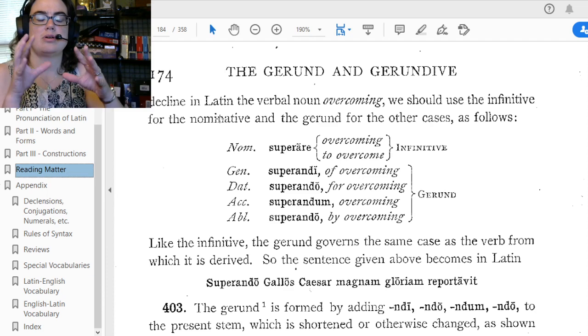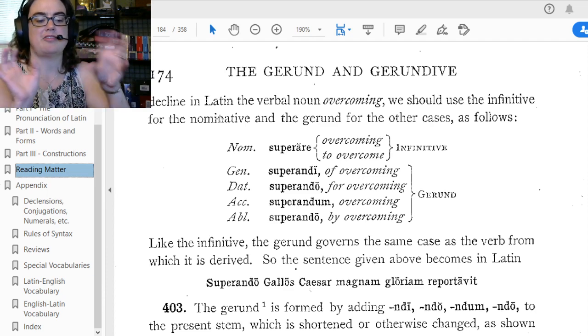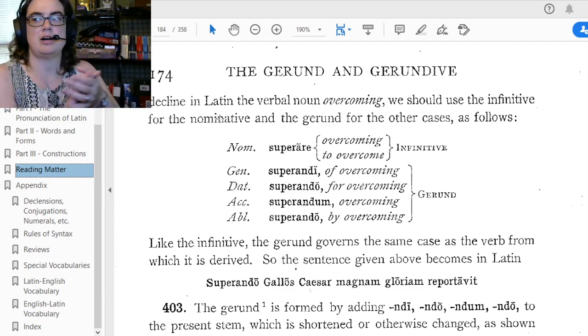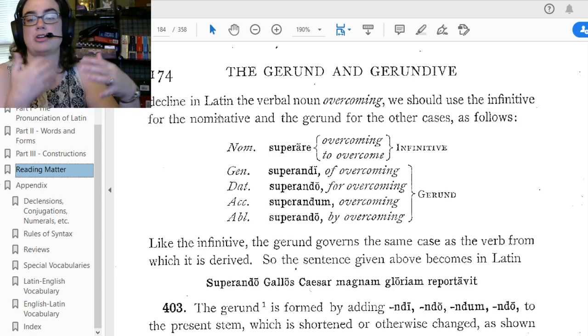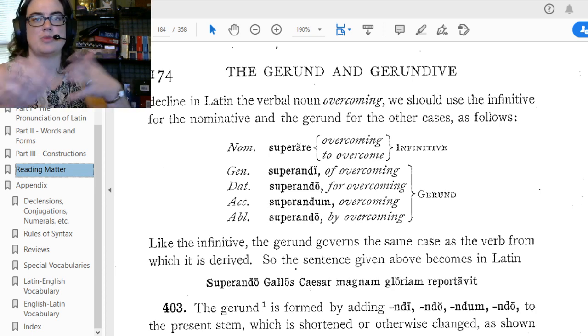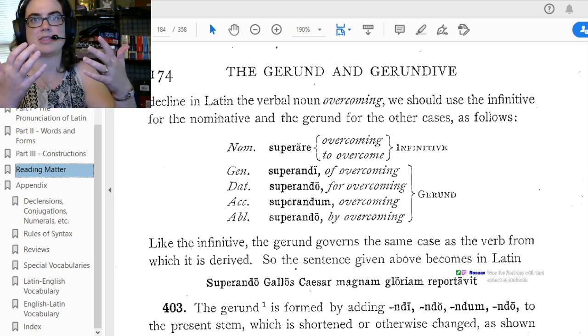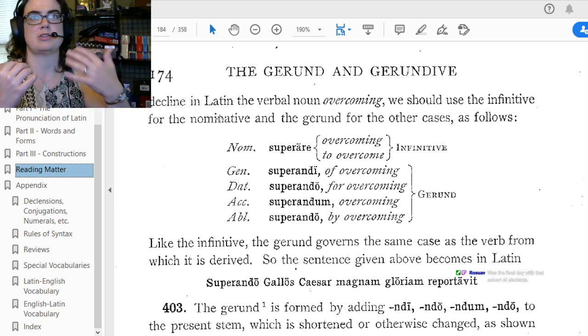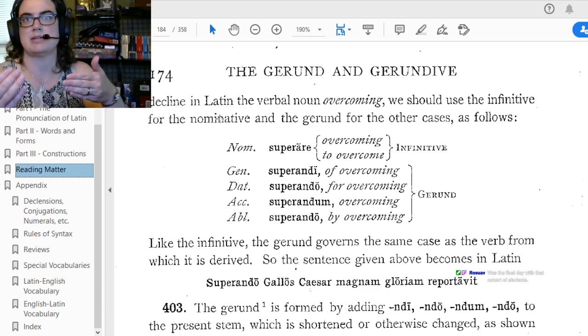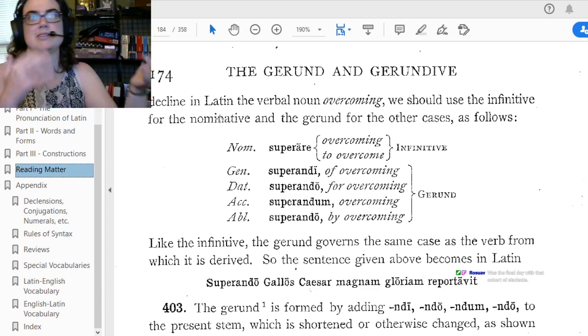So the future passive participle is ndus. That's where we get Carthago delenda est, Carthage must be destroyed. So we actually use essentially what looks like that form for our gerund. And again, that nd is going to be your hint that the gerund has an nd in it.